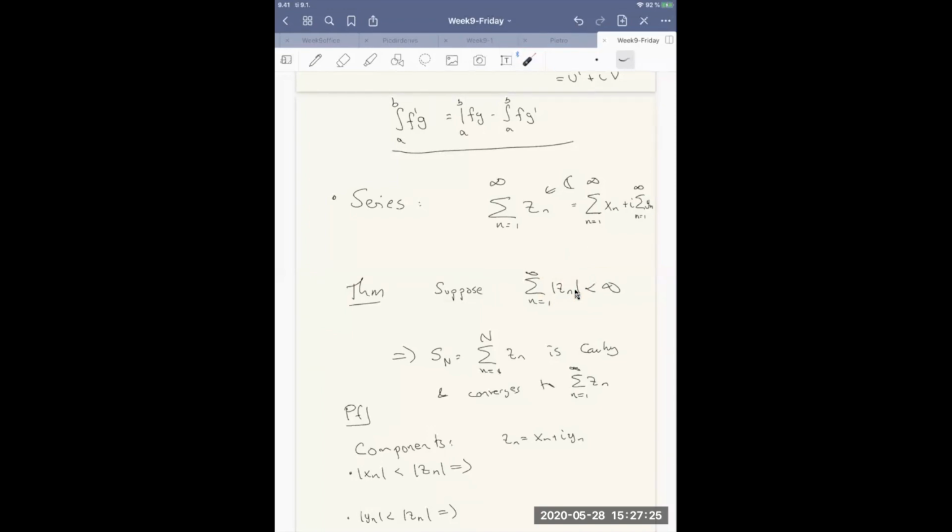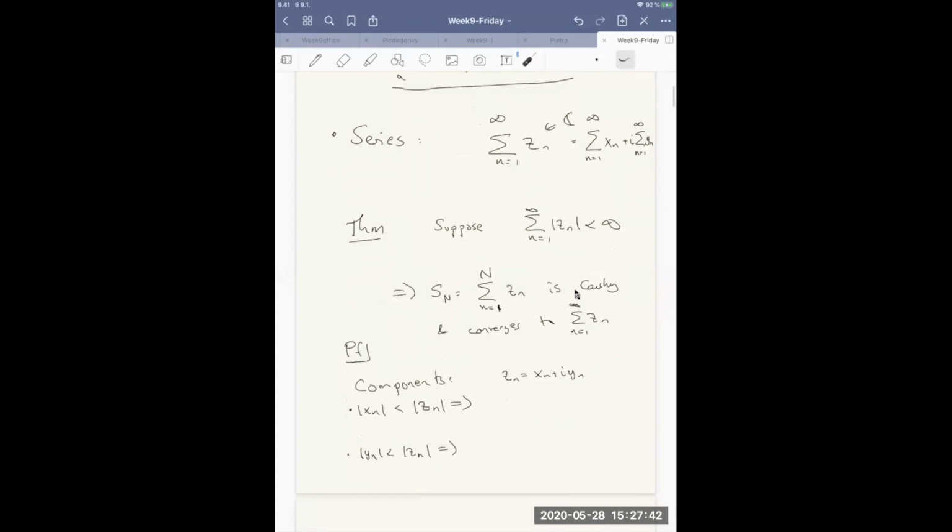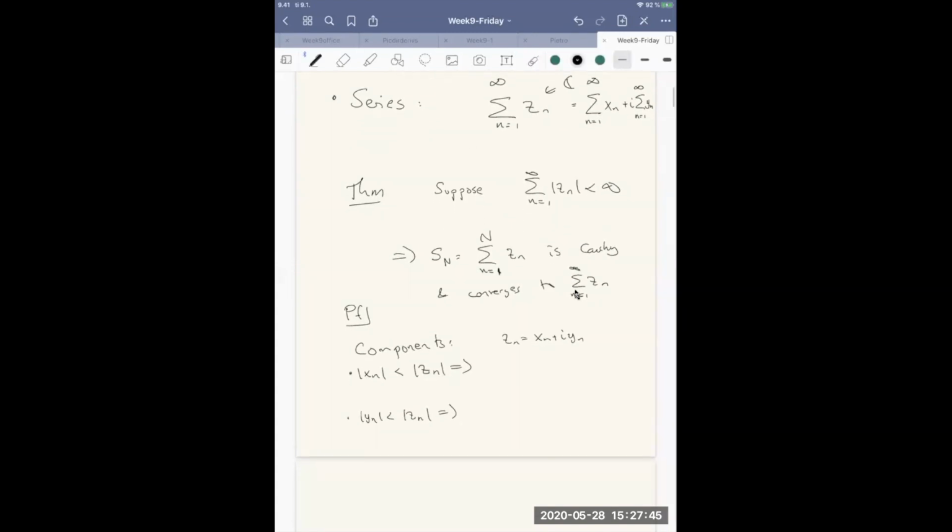If this sum is finite, i.e. converges, then the sequence of partial sums of these complex numbers, it doesn't matter whether you start from 1 or 0, is Cauchy, and it converges to the infinite sum, which by convention is the limit whenever that exists. And we can decompose into components in a unique way, xn plus i yn, where xn is the real part and yn is the imaginary part.